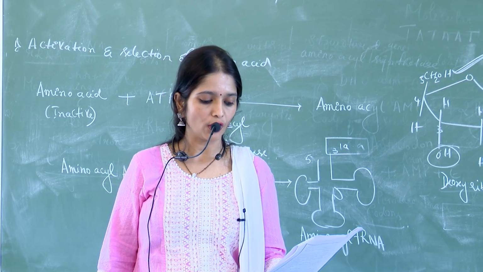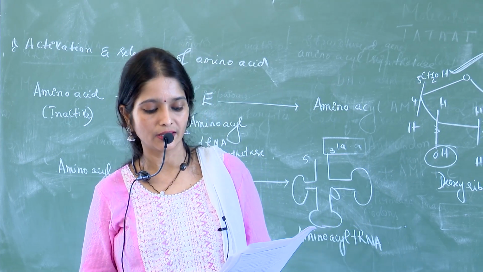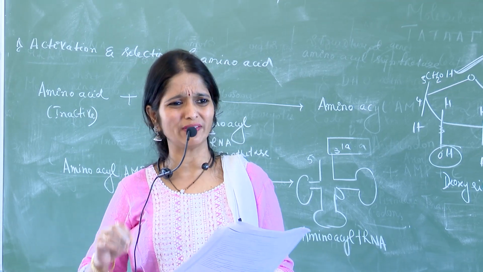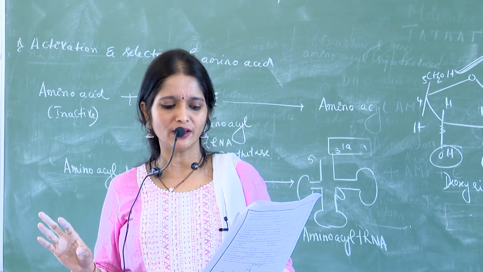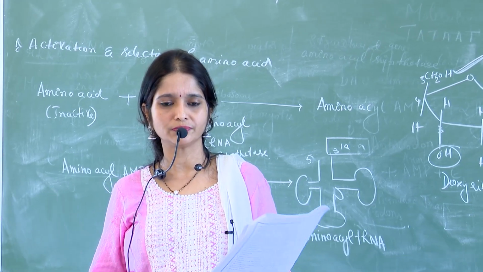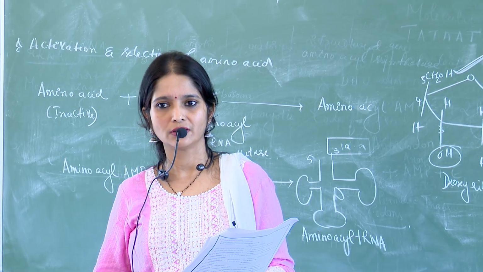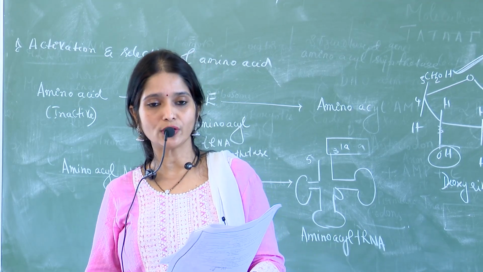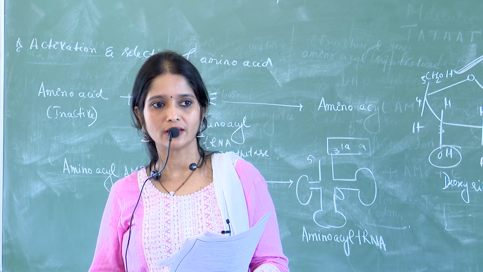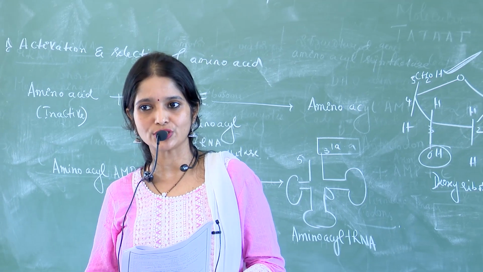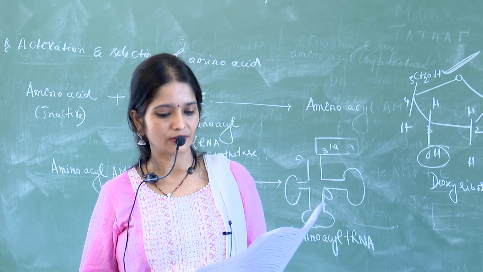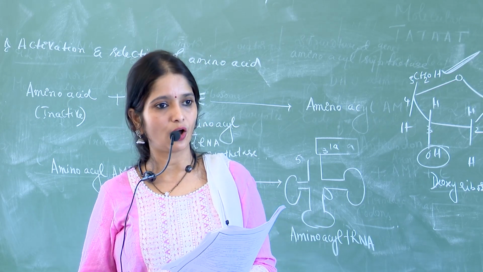Which of the following statements is incorrect? And this question was very, very important. Features of genetic code. Option A: genetic code is non-ambiguous, or unambiguous. All the others are correct.